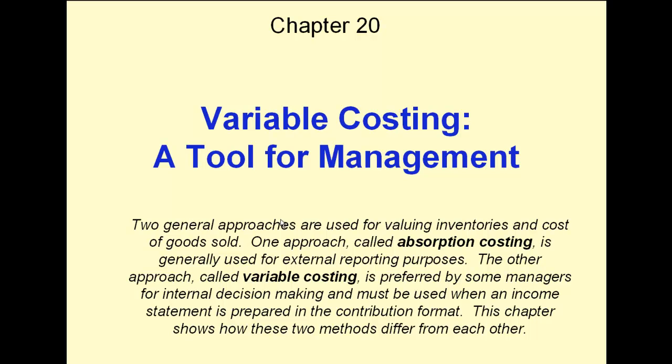But for internal users looking to make decisions on maybe which products to build more of or which products to cut back on, it has a lot of shortcomings. And so variable costing is really effective, and it's going to paint a more realistic picture as to what we might expect would happen, because we're able to split the cost between being fixed costs and variable costs.